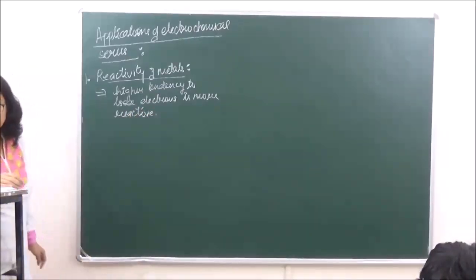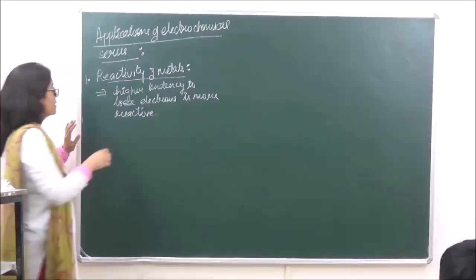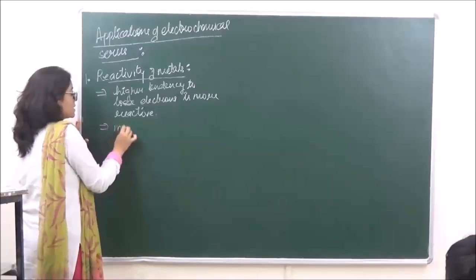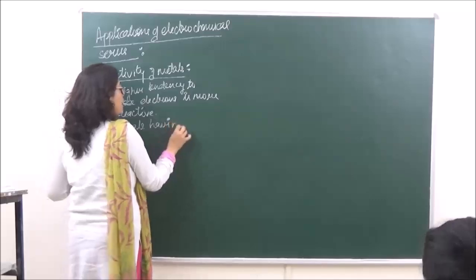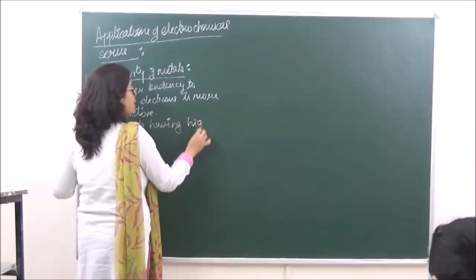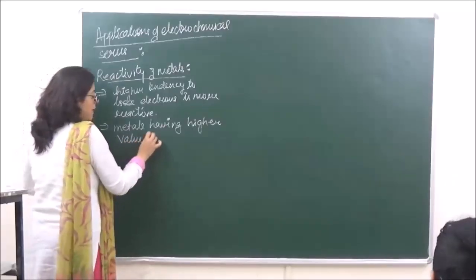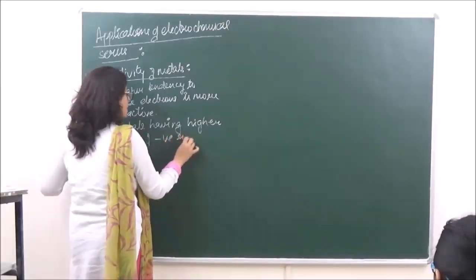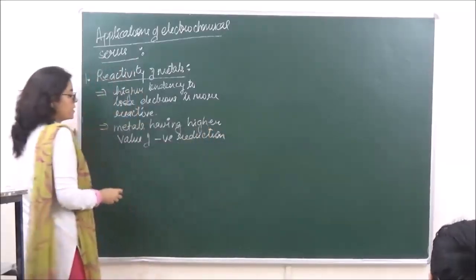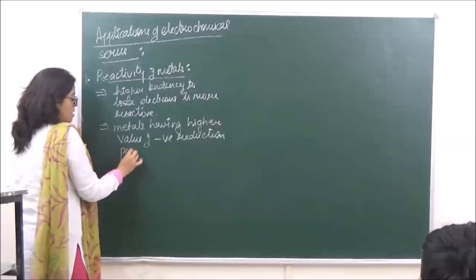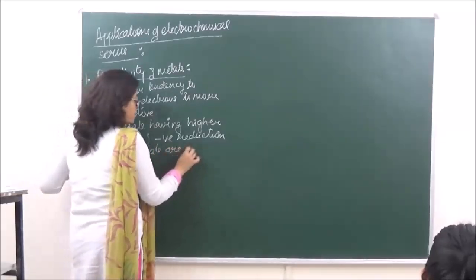For example, according to the electrochemical series, all the metals having higher value of negative reduction potentials are more reactive.